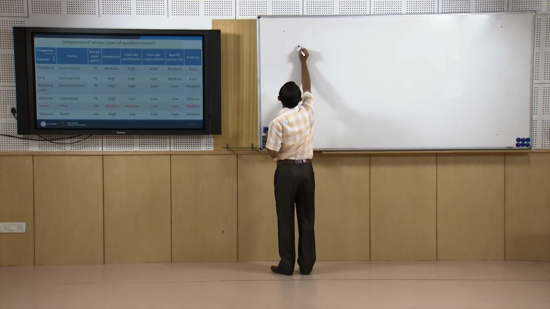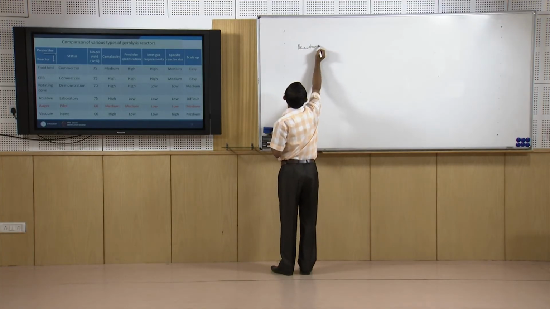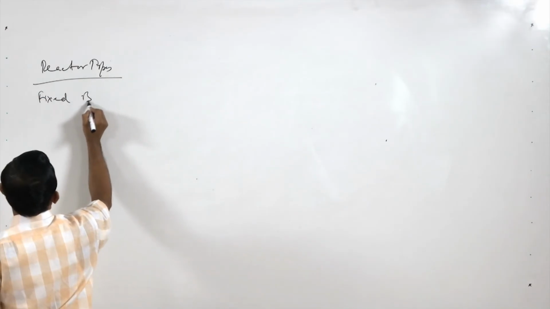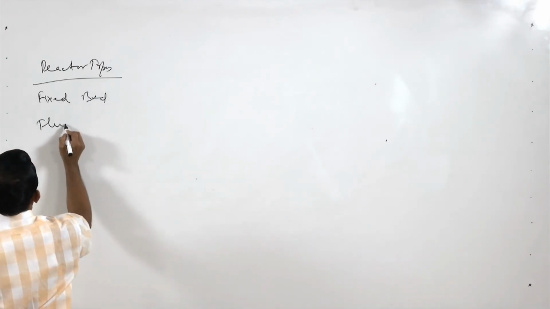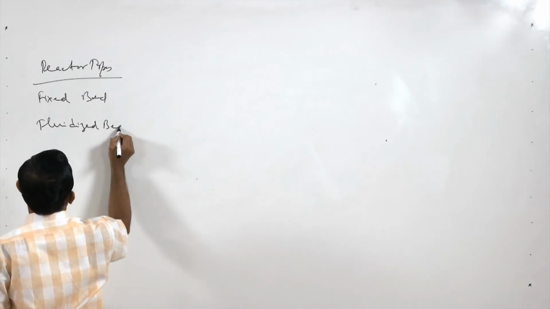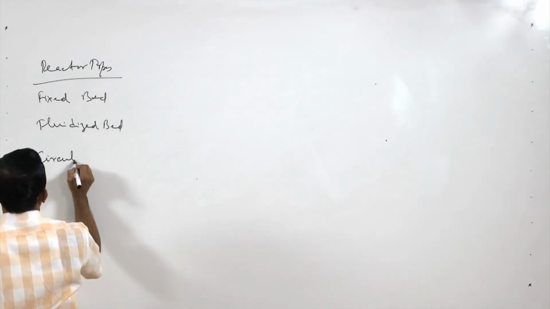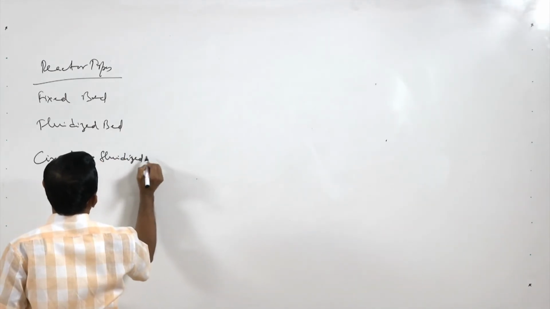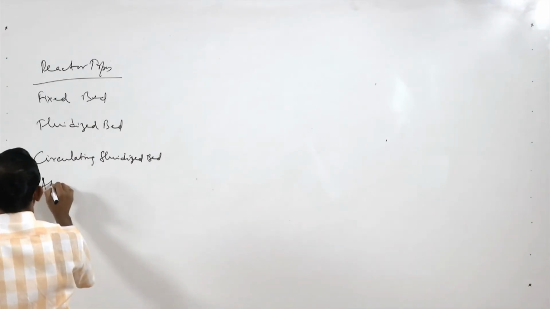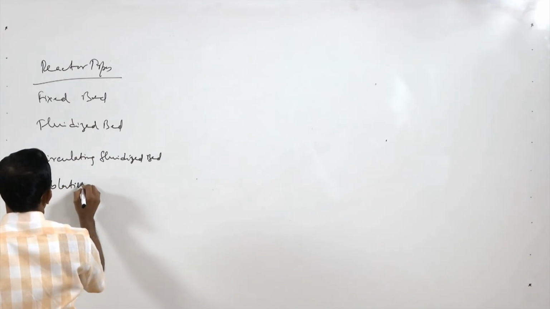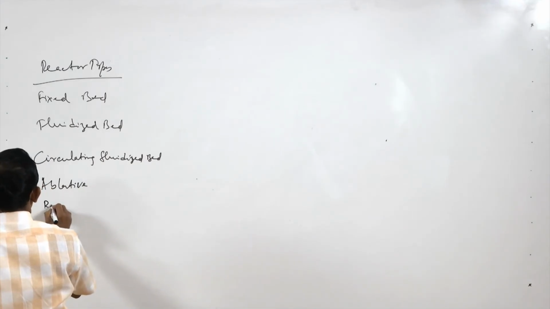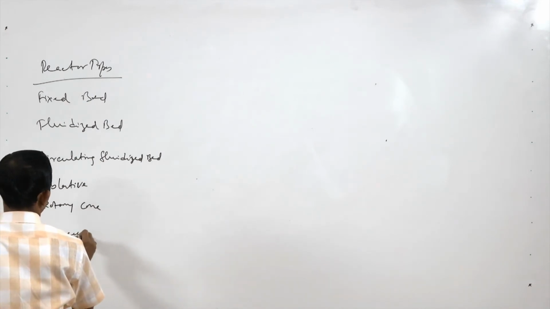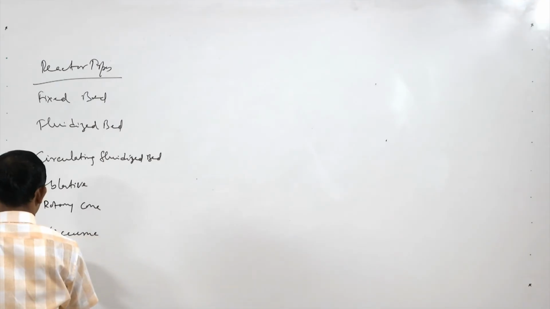The types of reactors are: fixed bed, fluidized bed, circulating fluidized bed, ablative, rotary cone, vacuum and auger.